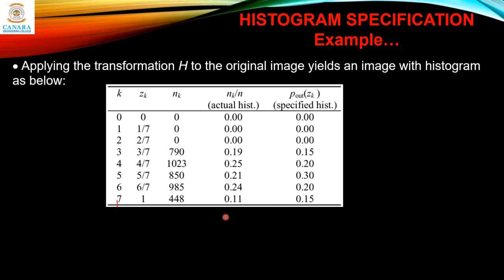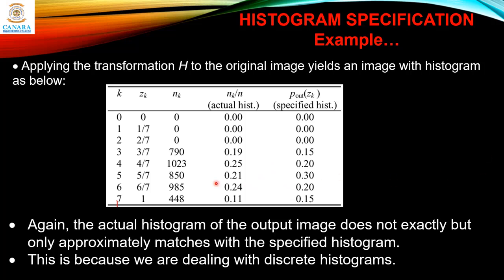So we are somewhere near the specified value, and because we are dealing with discrete levels, we won't get an exact match. With continuous values we might have got the exact value, but since we are dealing with discrete levels, this is the best that we can achieve. Again, the actual histogram of the output image only approximately matches the specified histogram, because we are dealing with discrete histograms.